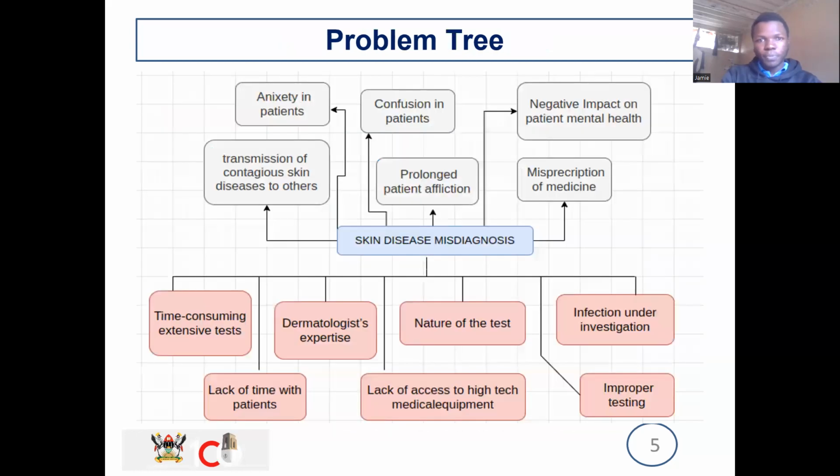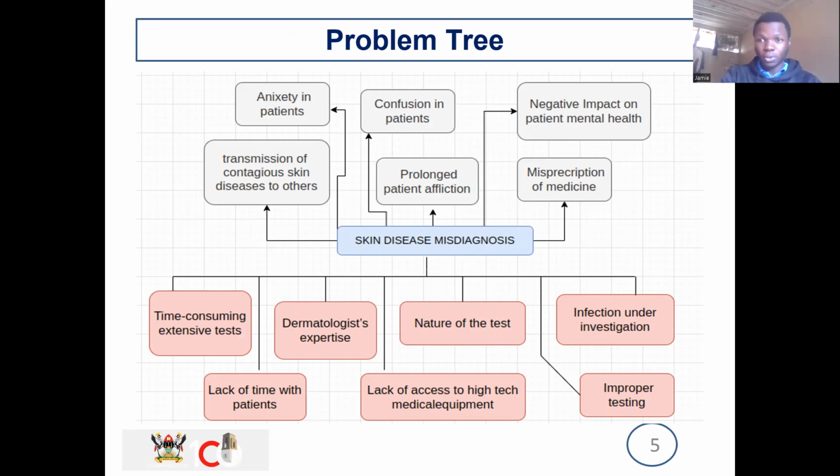So this is just a summary, a problem tree rather. We have skin disease misdiagnosis here, and on the side of the patient, which is the upper part, it can cause anxiety in patients, that is mental and emotional stress, confusion in patients, prolonged patient affliction, negative impact on patient mental health, everything linking back to emotional stress, and misperception of medicine.